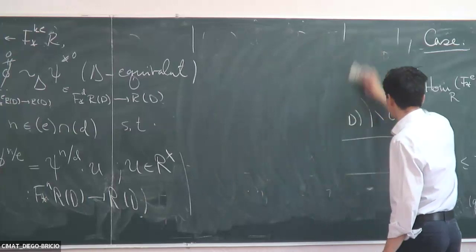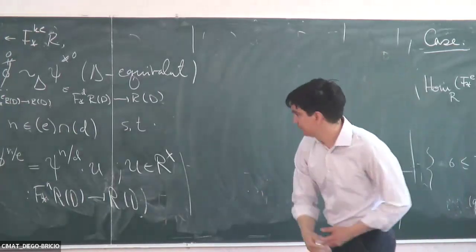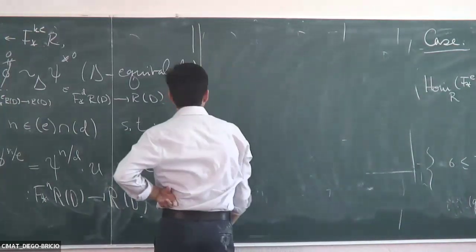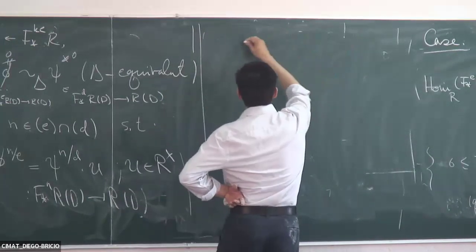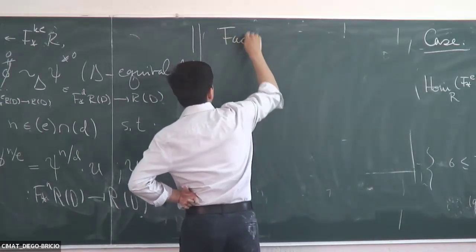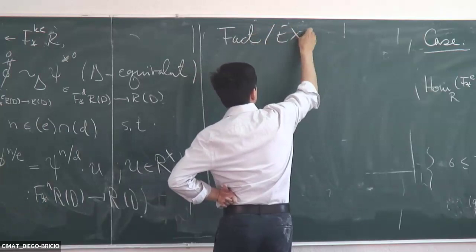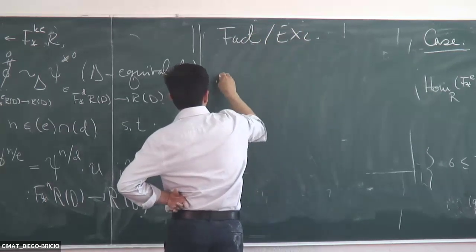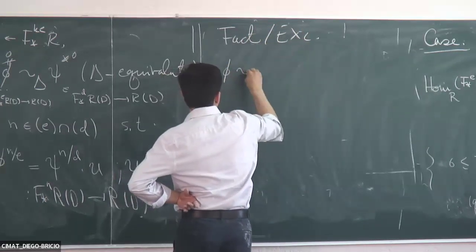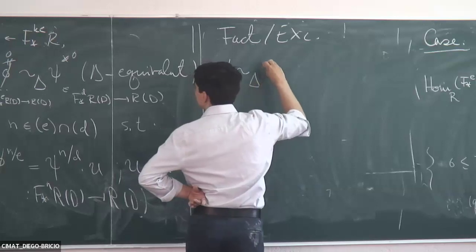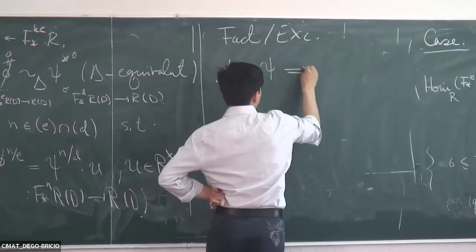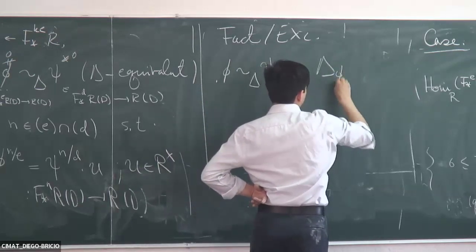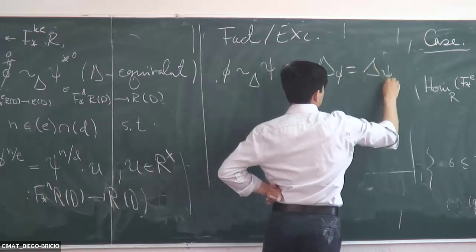So, fact, exercise. Phi is delta equivalent to psi if and only if delta phi equals delta psi.